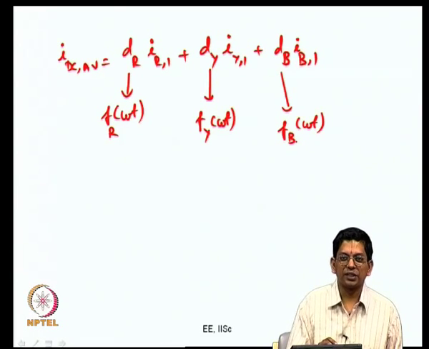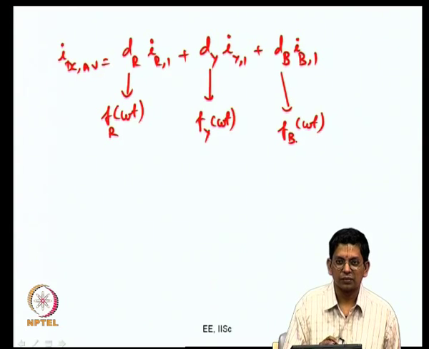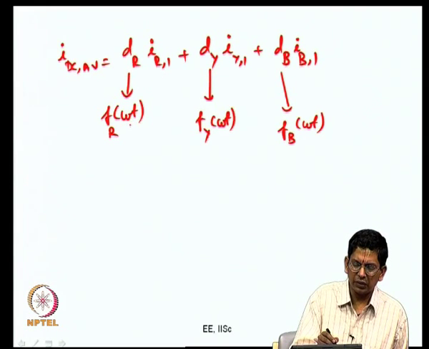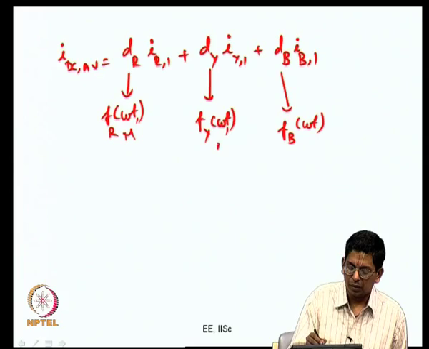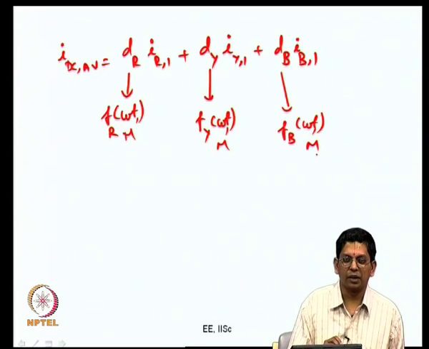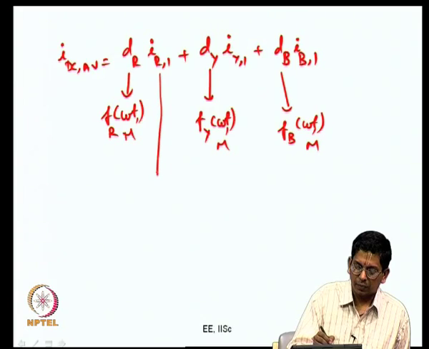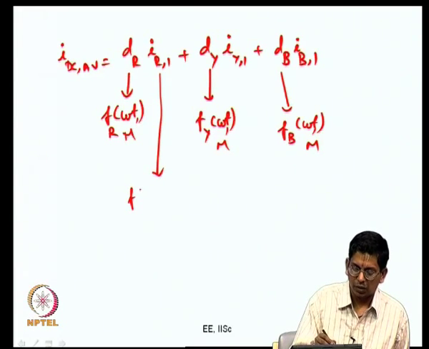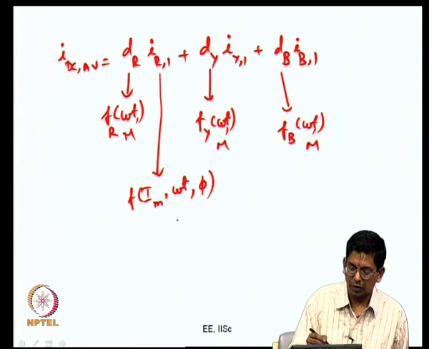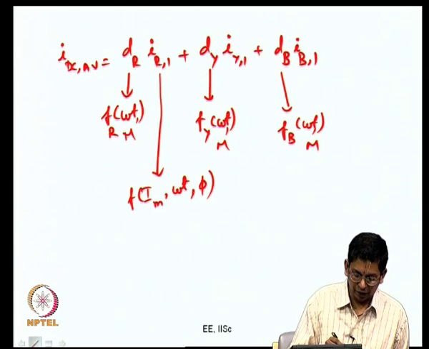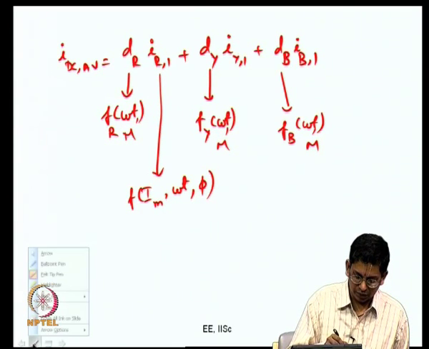Now, how about the other ones, IR1? So, this also depends on the modulation index. So, one way I can say that this is a function of omega t comma m, and this is a function of whatever the peak value Im, and this also varies with omega t and also the power factor angle phi. So, let us call this not f, for example, let us call this some g.